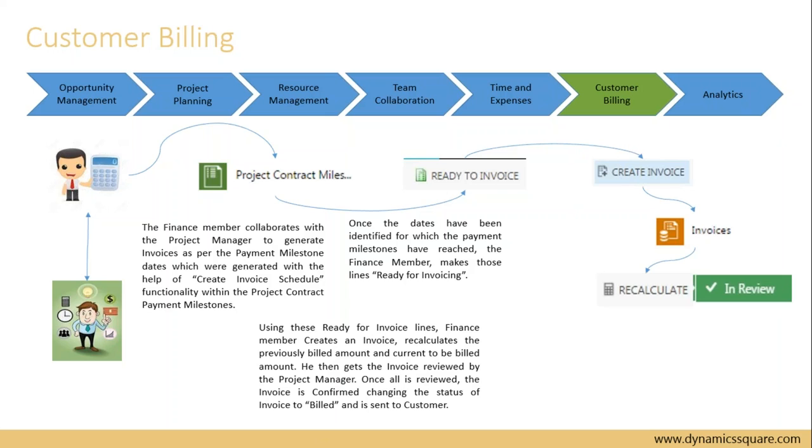He then gets the invoice reviewed by the project manager. Once all is reviewed, the invoice is confirmed, changing the status of the invoice to billed, and is sent to the customer to pay up.